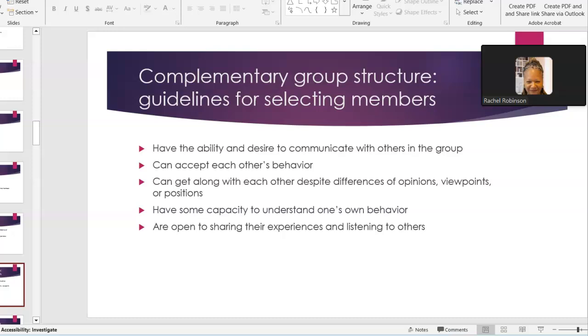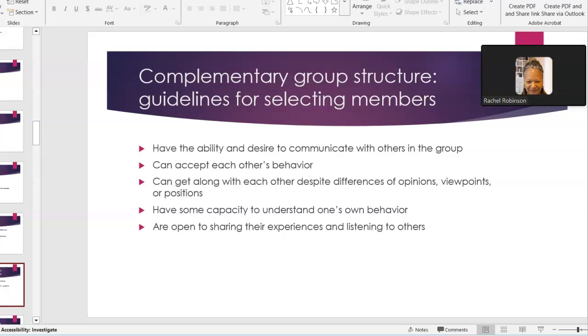So, complementary group structure. Communication is an essential part of the group. So you're looking at how well group members are able to communicate with each other. Can they accept or even tolerate each other's behavior? Can they accept or tolerate differences of opinions, viewpoints, and positions?